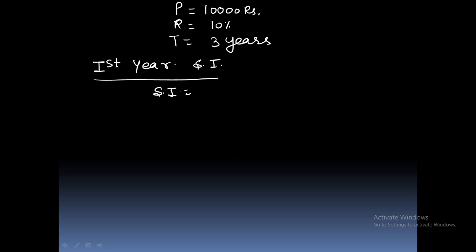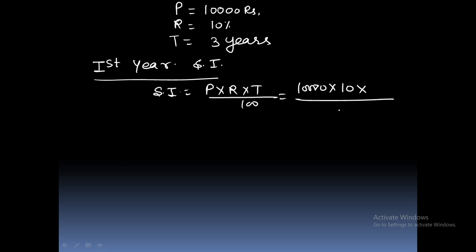Simple interest is equal to P multiply R multiply T over 100, 10,000 multiply 10 multiply 1 over 100, that is 1,000 rupees.